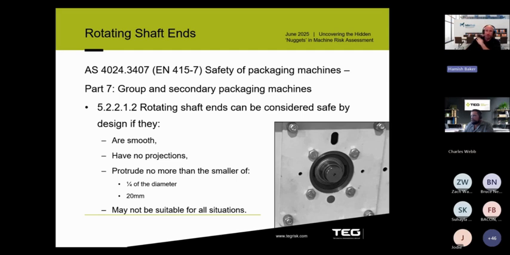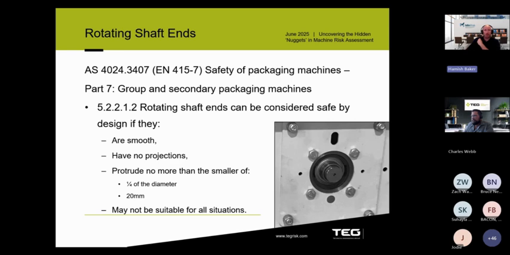And then the corollary to what Charles said, you may have environments where they're very high hygiene and bearing caps become a problem because there's extensive scrubbing and maybe there's those sorts of bits and pieces that become a bug trap. And there may be situations where it just becomes extremely difficult and you're looking for a risk-based argument as to why in certain circumstances you don't fit those covers, and you need to be able to say why it is or it isn't a high risk.